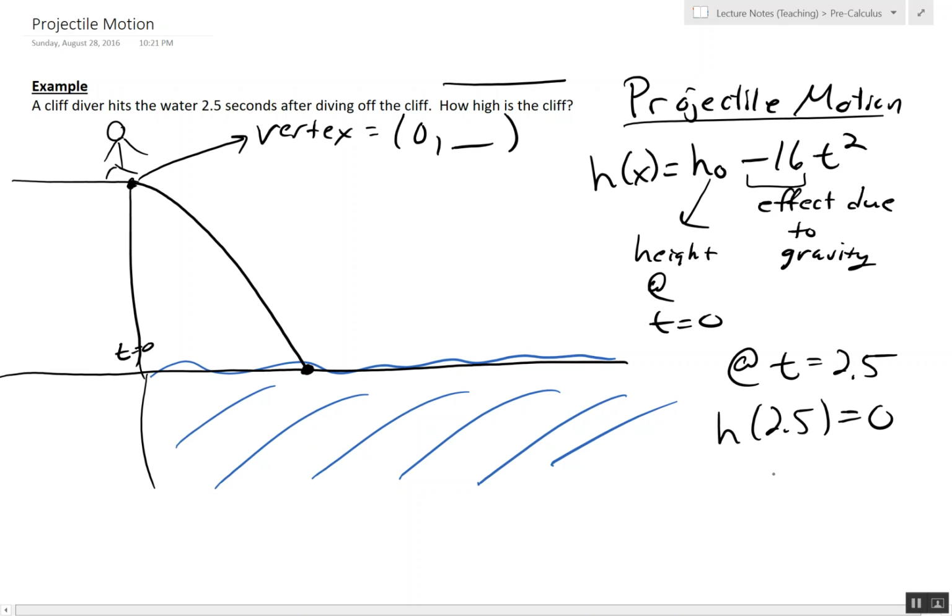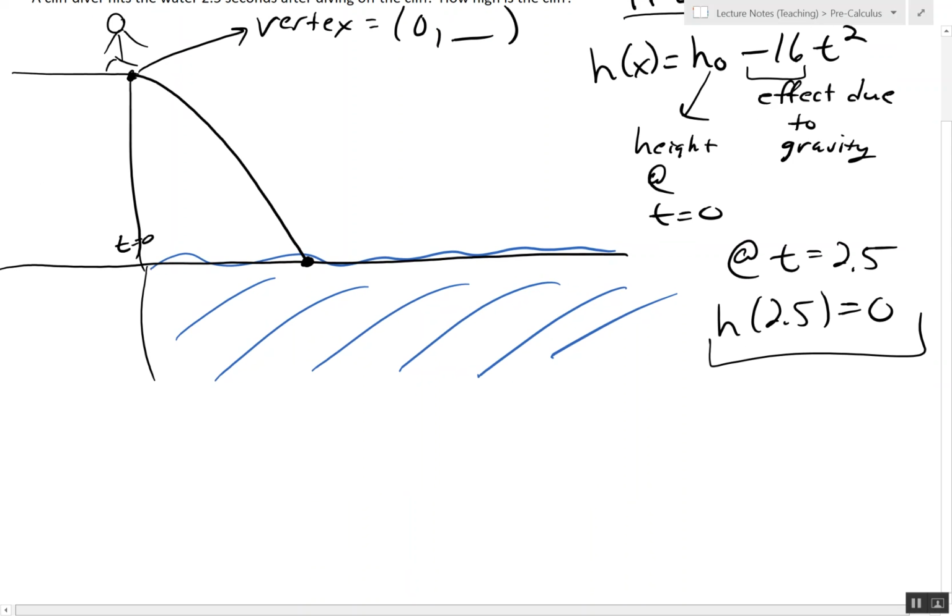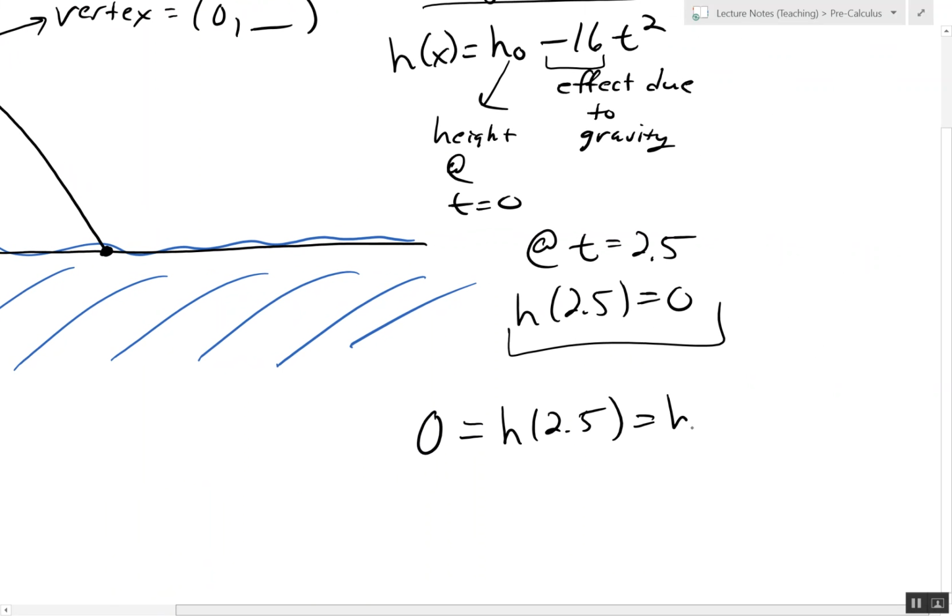And actually we don't even need to put this in vertex form, because this is enough information to be able to solve for h naught. So we know that 0 equals h of 2.5, but that actually also equals h naught minus 16 times 2.5 all squared. So we just run those numbers into our calculator.